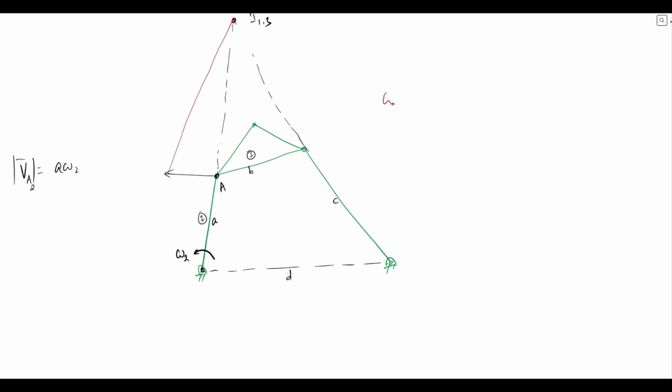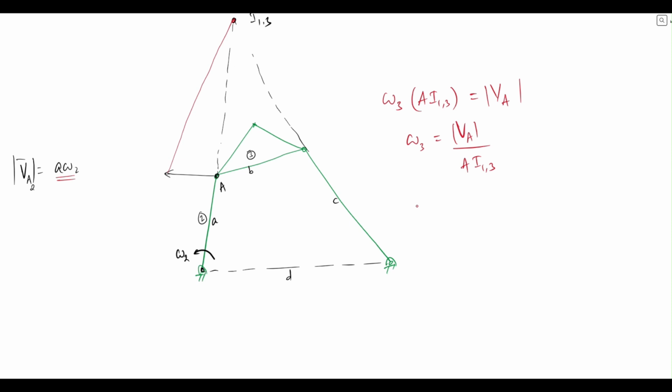So we can say that omega 3 times A I13 should be equal to the velocity of point A with respect to this I13. And so we can directly find omega 3 to be V of A divided by, this is the magnitude, A I13. But we already know that VA is A omega 2.